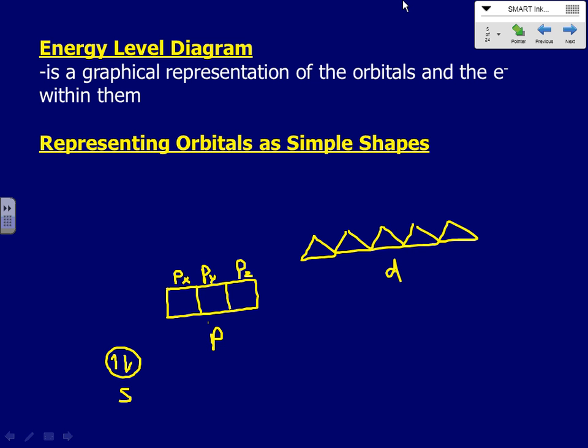I actually am not going to draw any f orbitals in this course because we don't get into bonding with things that have f orbitals. I've seen it represented as ovals and various other things, but I use ovals for a different thing that's a little later on, so I'm not even going to worry about the f orbitals right now. But there would be 7 of them, and you could use whichever shape you'd like.